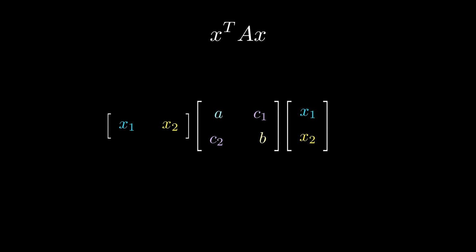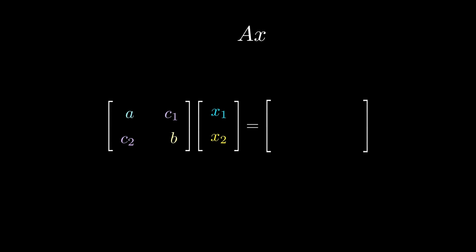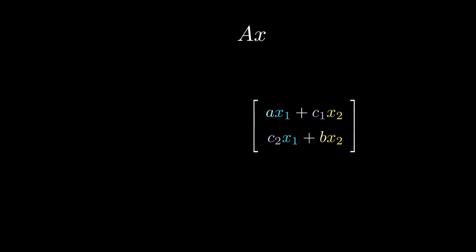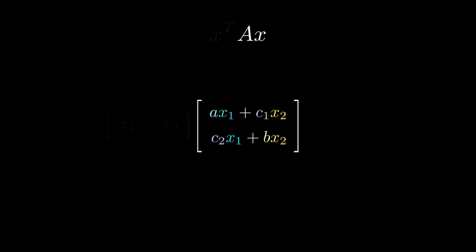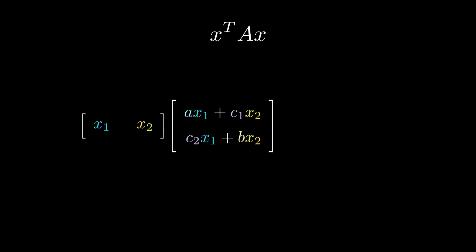Next, let's multiply this out the long way, starting with A times x. Then we'll multiply by the row vector x transpose in front.